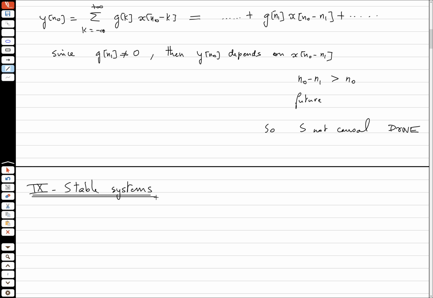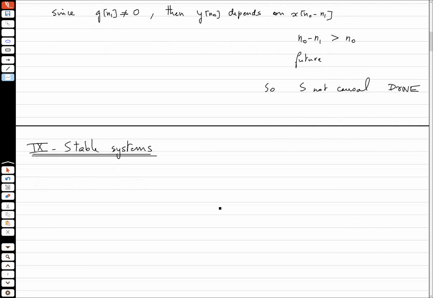So this is the hardest property among the 4 properties, because to understand a stable system, you need to understand first something intermediate, which is called bounded sequence. That is something that students sometimes don't understand.